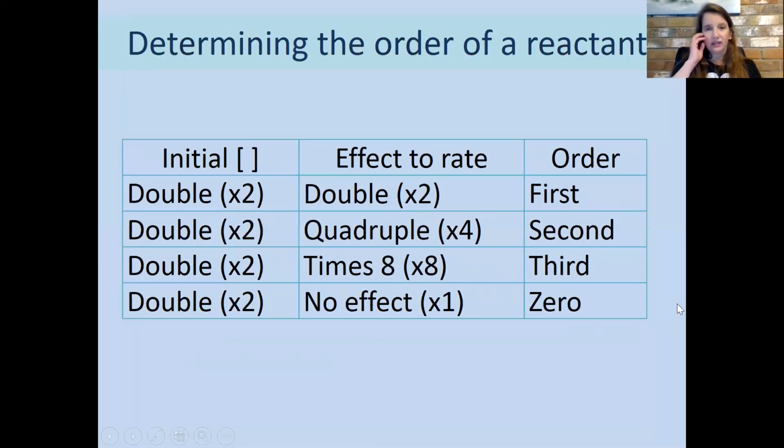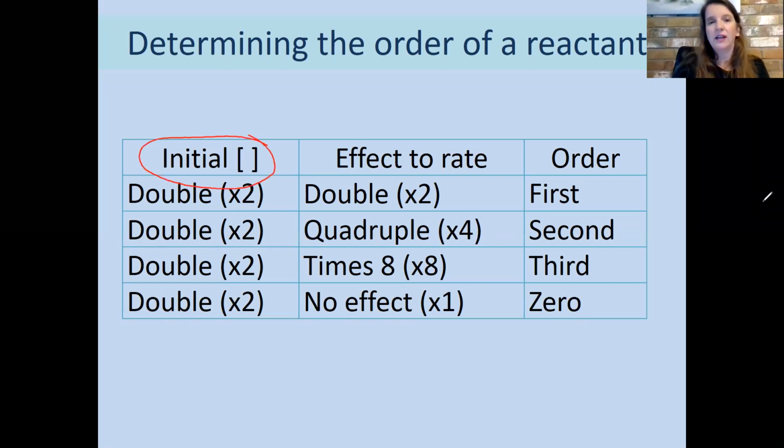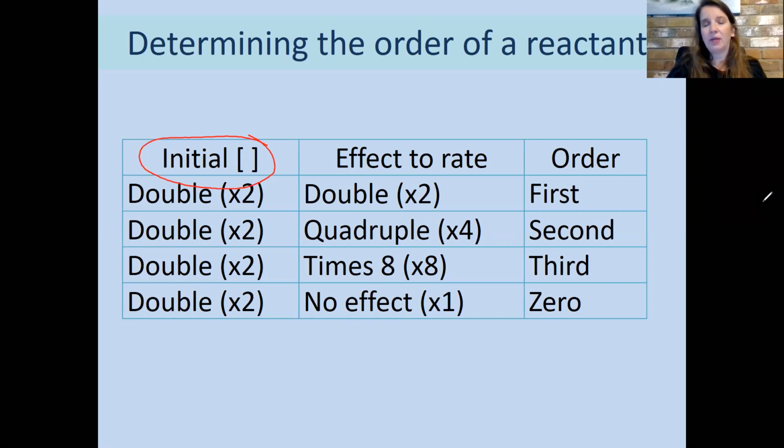Let me get my annotate tool here. Okay, so this here is your initial concentration of the reactant. We would be looking to see what is happening to the concentration of the reactant, what we are doing to that, so that we can see what kind of effect it has on the rate.